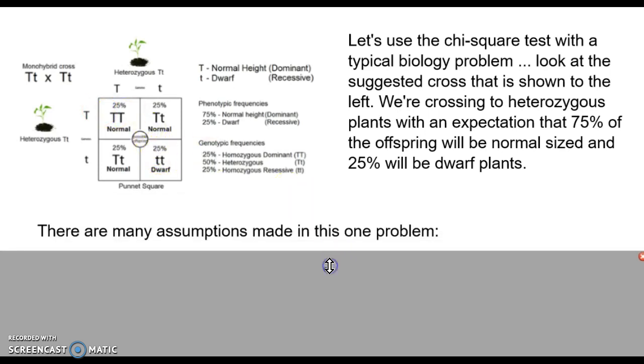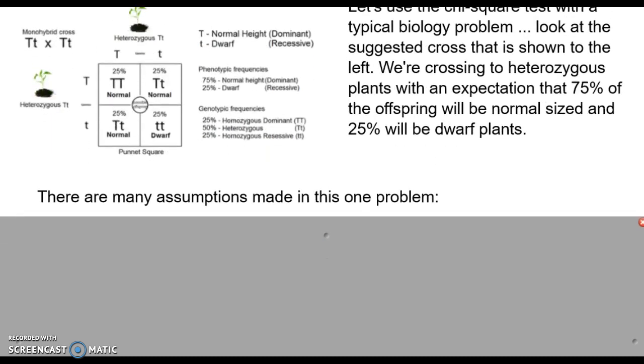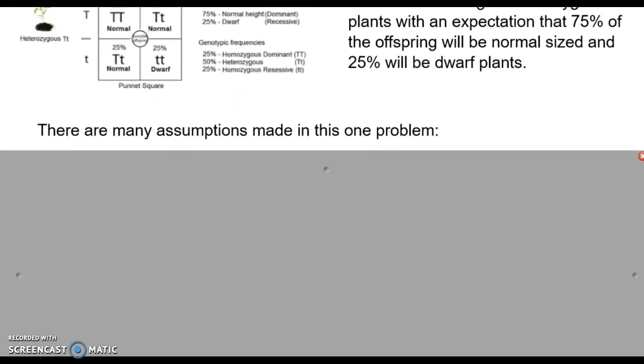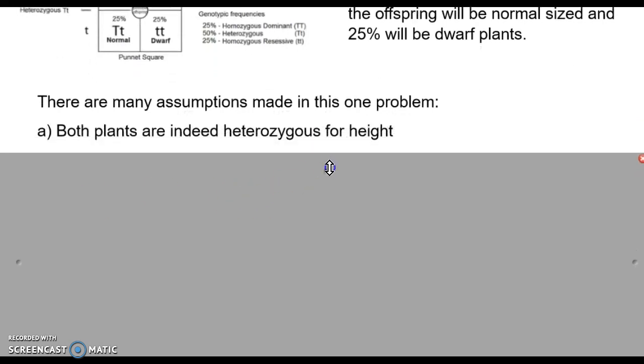So one thing for us to note here is that since the chi-square test really gets us thinking about what our assumptions are, and if we get a chi-square number that's too big, we have to revisit our assumptions, let's take a look at what assumptions are made in this one problem. We're assuming that we actually know the genotypes of the parents, and that they're both heterozygous for height.